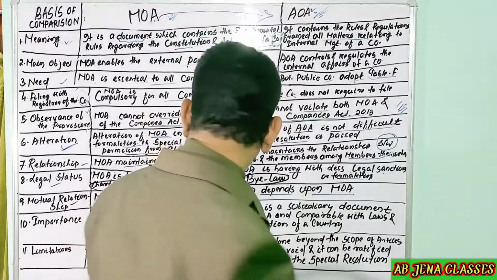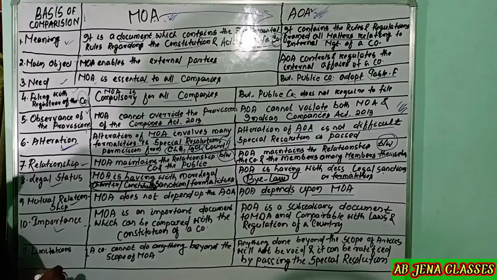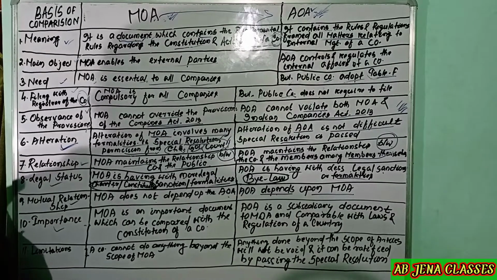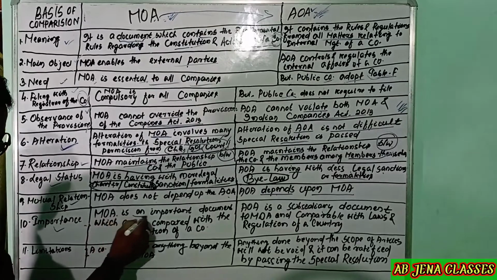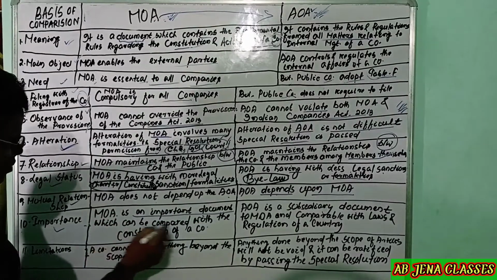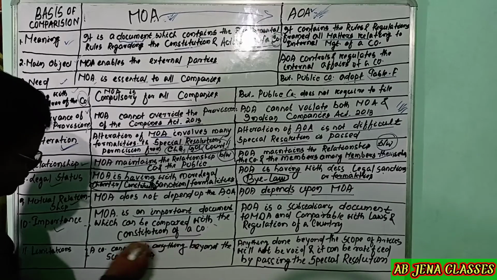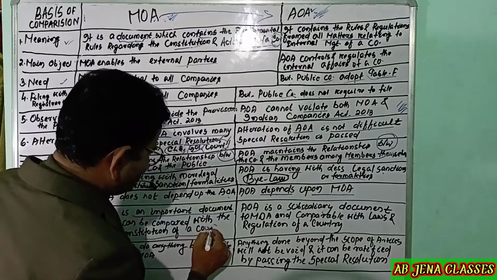Next, what is the importance of the Memorandum of Association and of the articles of association? The Memorandum of Association is an important document which can be compared with the constitution of a country.